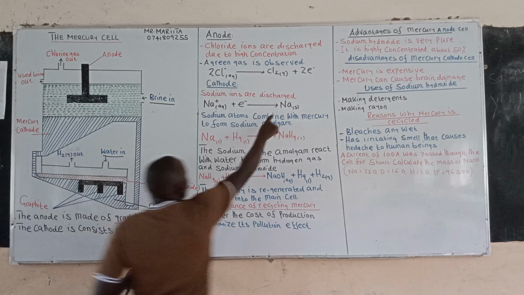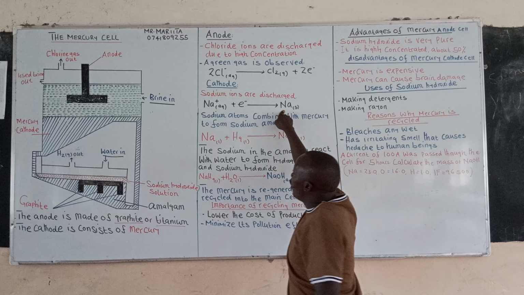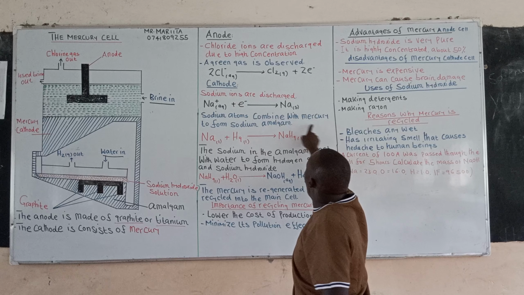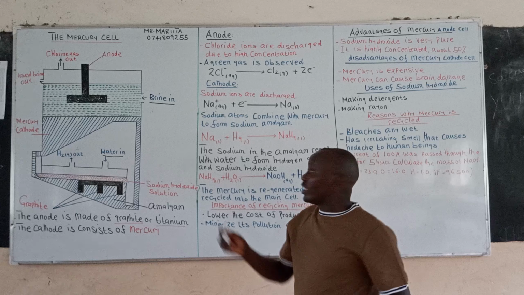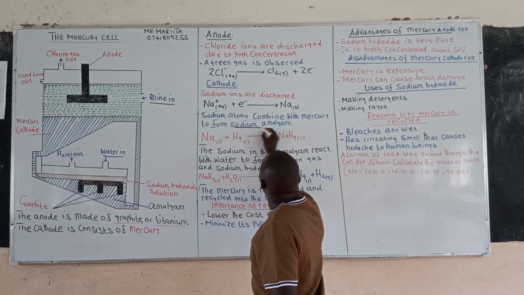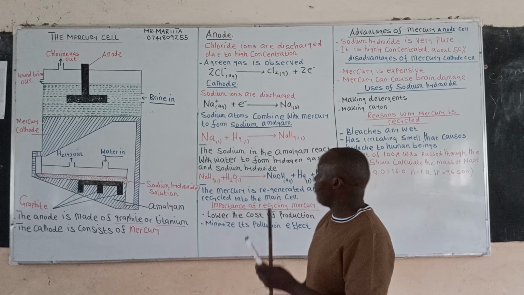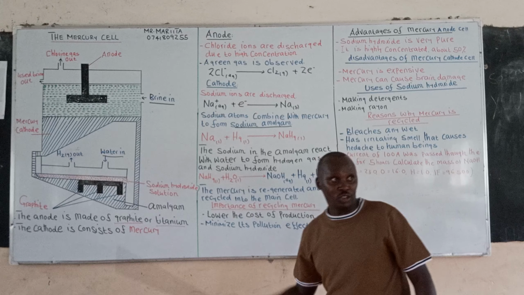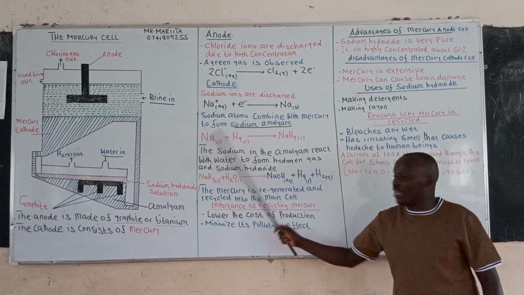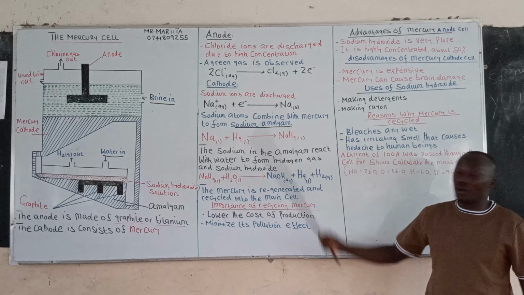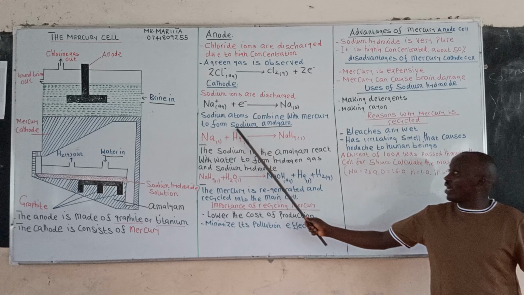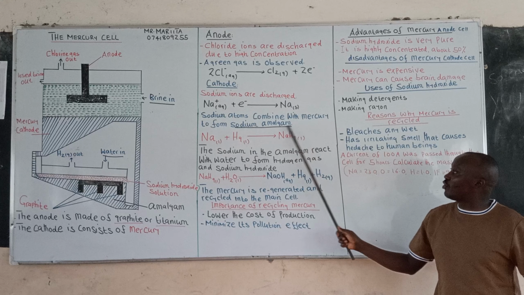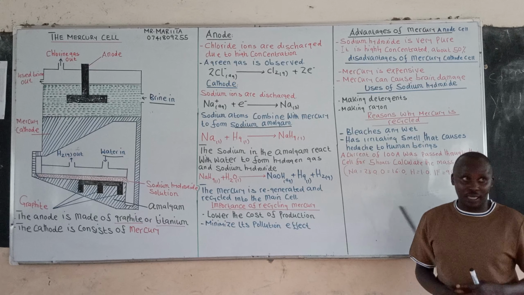So the sodium which is produced here combines with mercury, and once they combine, there is a formation of sodium amalgam. That is the equation of the reaction, as you can see.